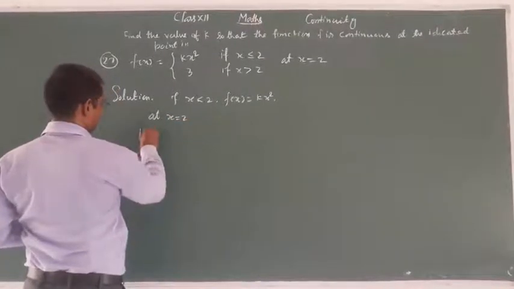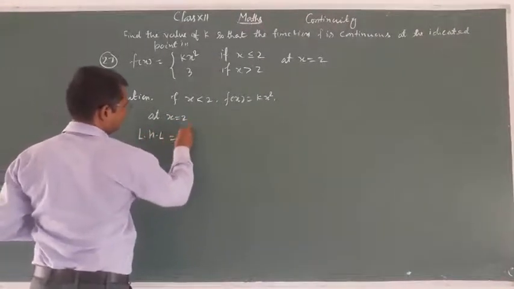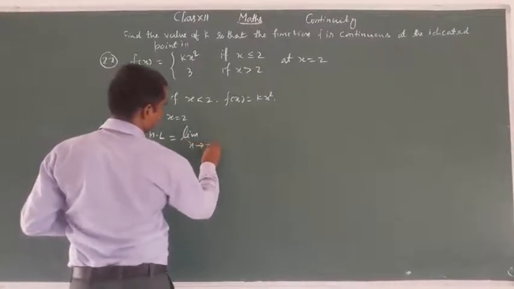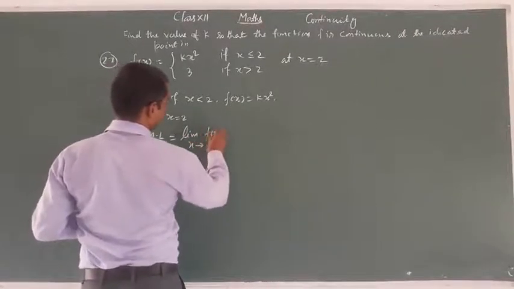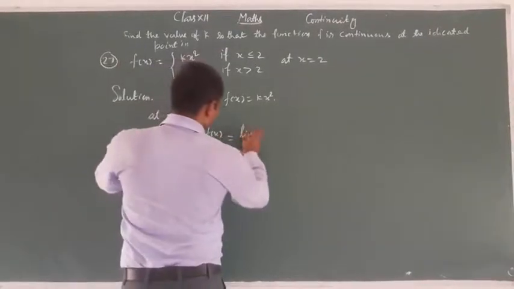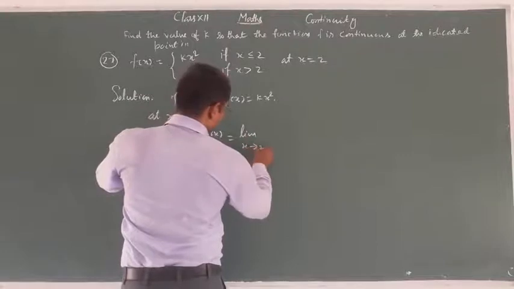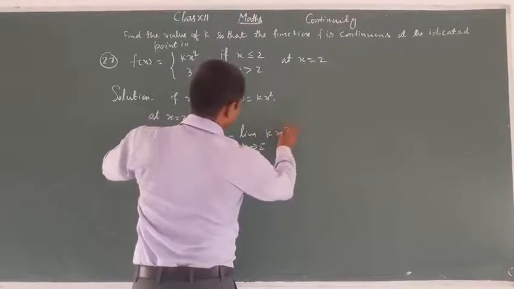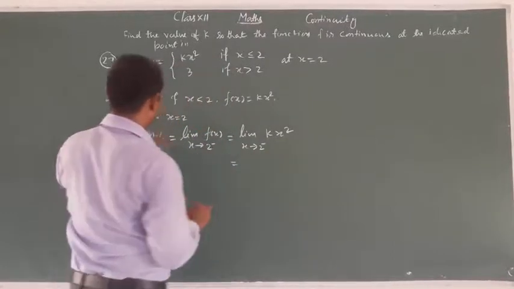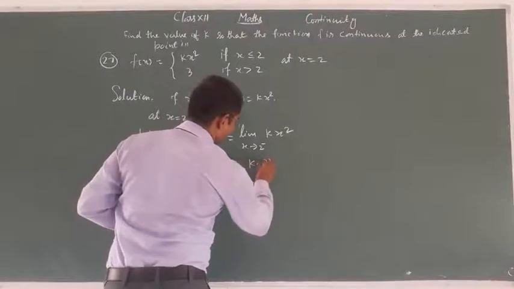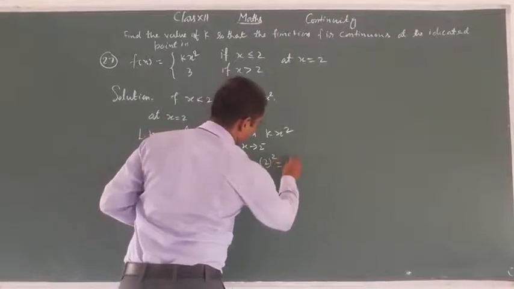So the left hand limit is limit x tends to 2 from the left of f(x). So the left hand limit of f(x) is equal to kx square. Now put x is equal to 2 here, so k times 2 square is equal to 4k.